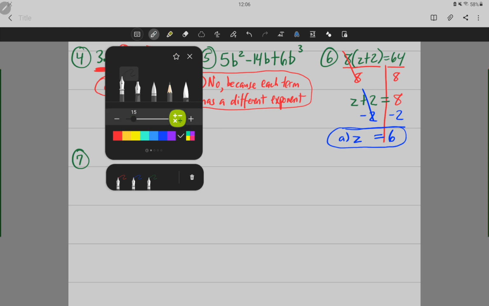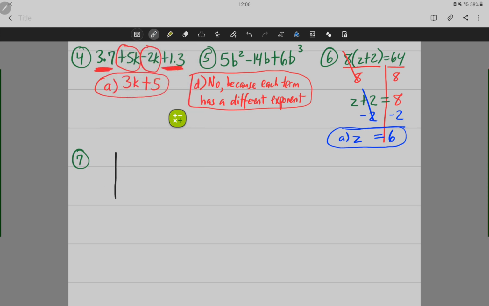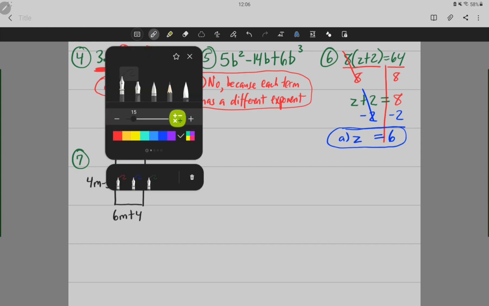So let's draw the picture that's given. We have the rectangle, and the side says 4m minus 3, at the bottom, says 6m plus 4. Remember the hint said fill in all the sides.